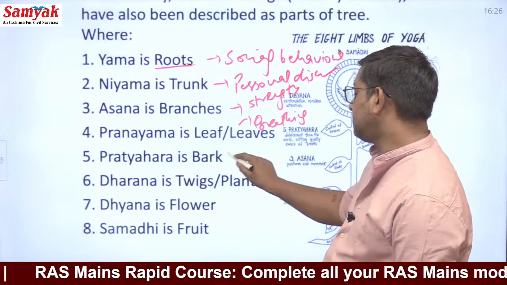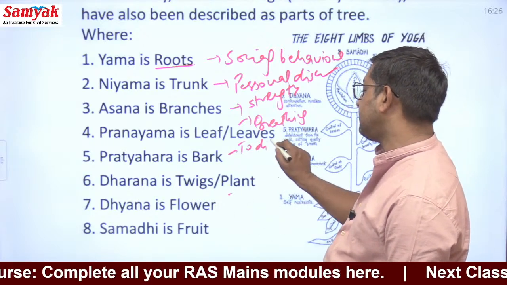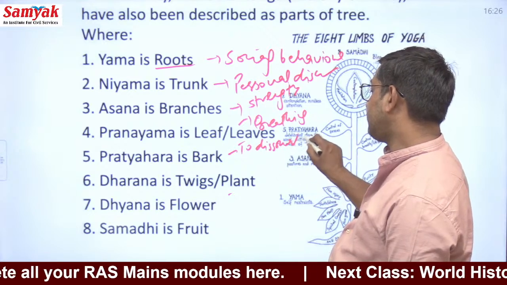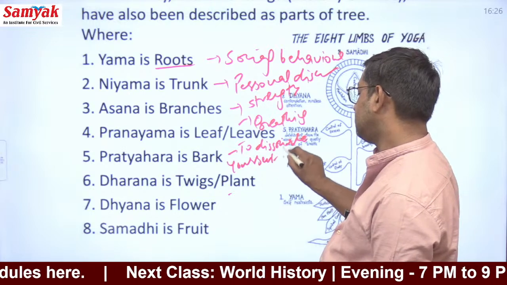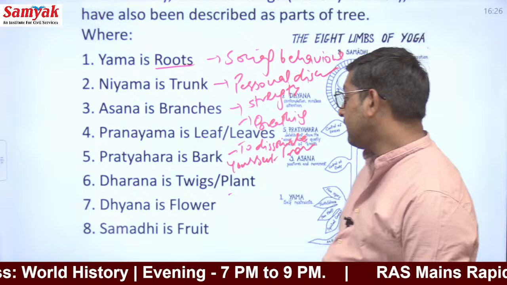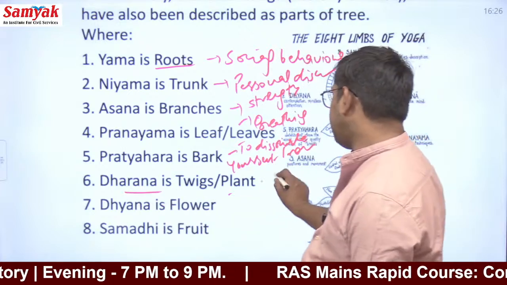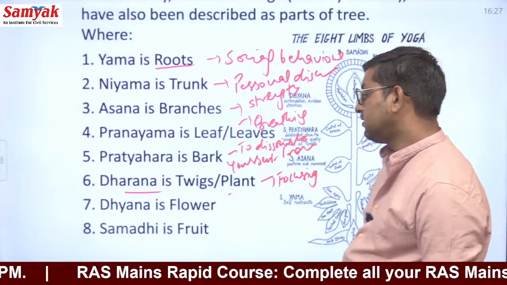Pratyahara is bark. Pratyahara means to dissociate yourself from the external world, or to focus in the inner world. Dharana is basically focusing, that is the twigs.